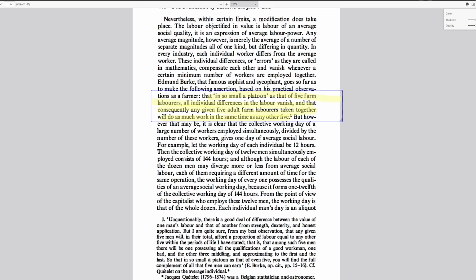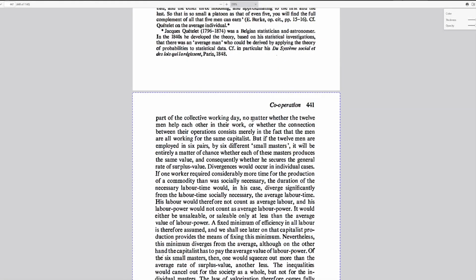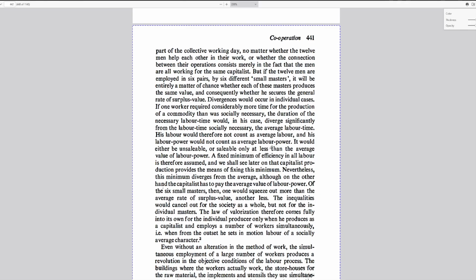you become a little less concerned with a couple people slacking off, because chances are there's a couple people who are working extra hard, and you'll find that basically as your workforce grows over time, you actually get closer and closer to an average labor power.